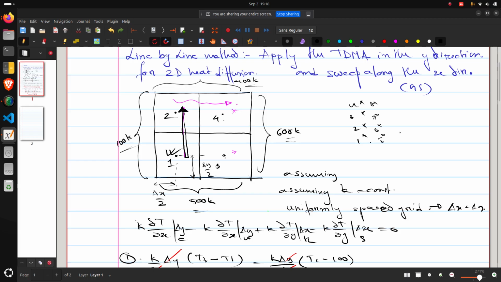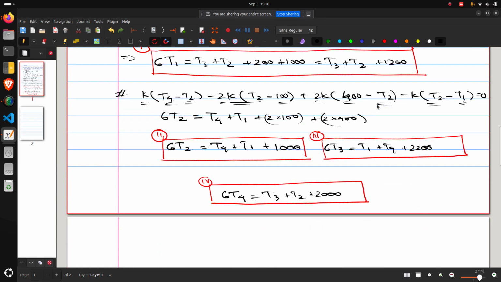If we chose to do the TDMA in the x direction, we would go 1 and 5, then 2 and 6, then 3 and 7, then 4 and 8. Or for the y direction, you can go 1 2 3 4, then 5 6 7 8. It doesn't matter which direction you choose to sweep and apply TDMA, finally the solution will be the same.